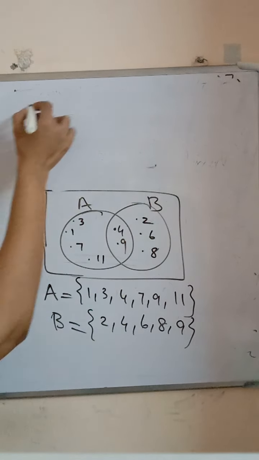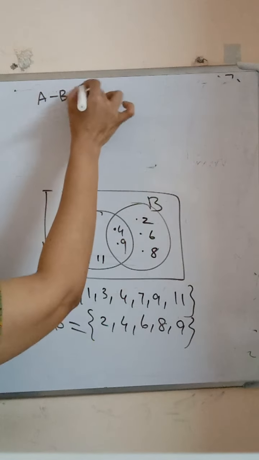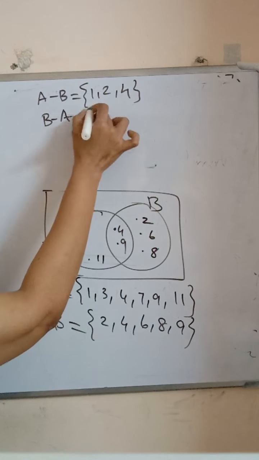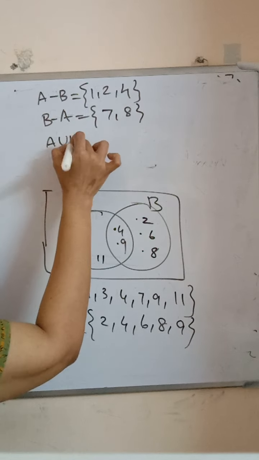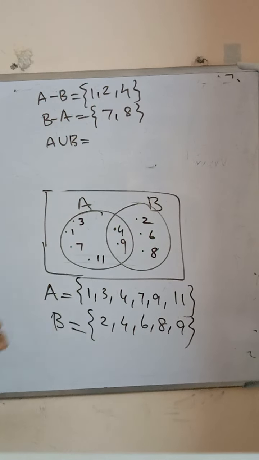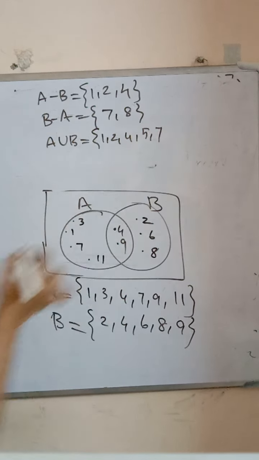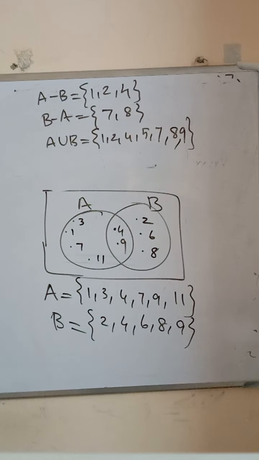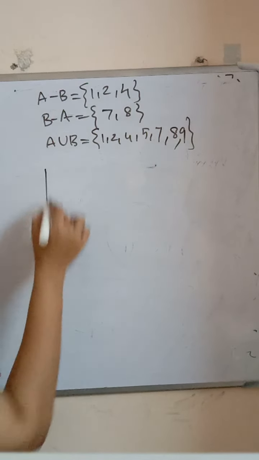Another problem. A difference B is equal to the set 1, 2, 4, and B difference A equals the set 7, 8. Also A union B equals the set 1, 2, 4, 5, 7, 8, 9. Here also we need to find A and B. So represent these sets in a Venn diagram.